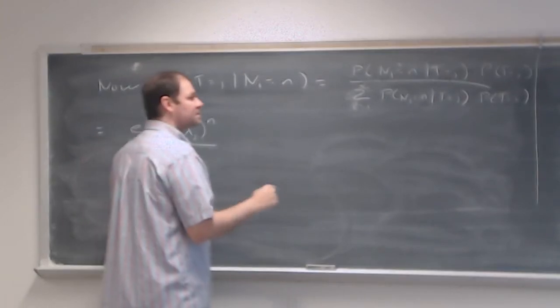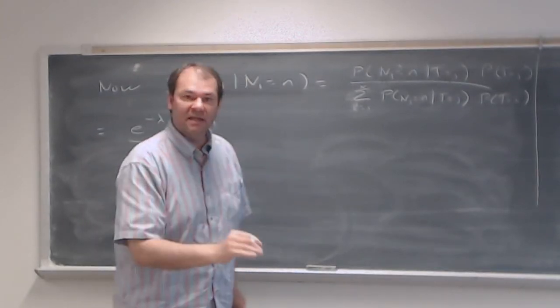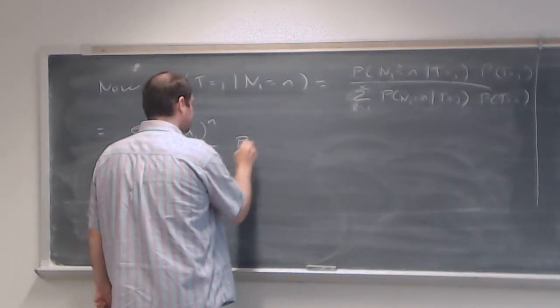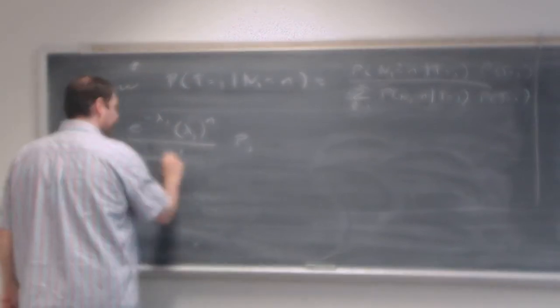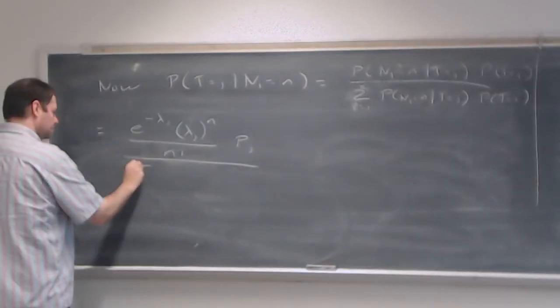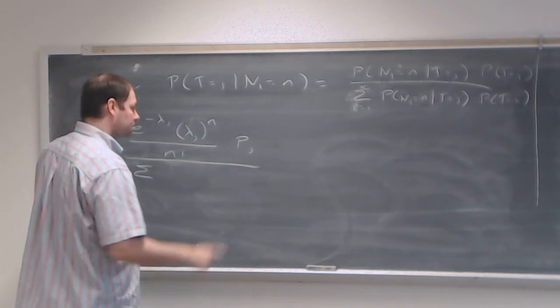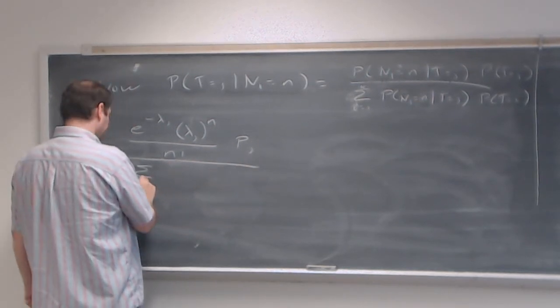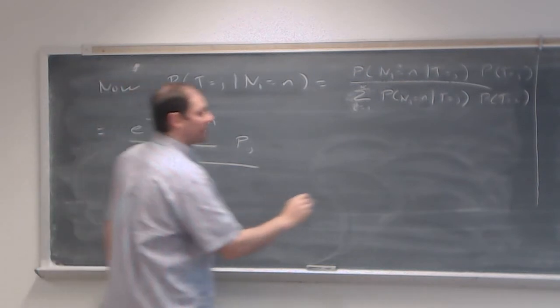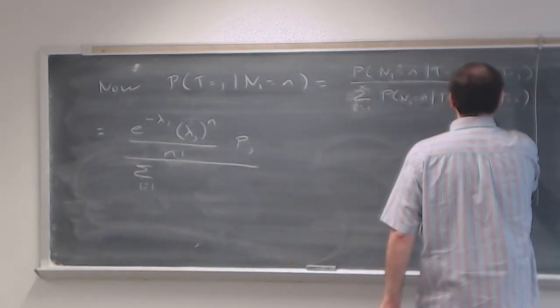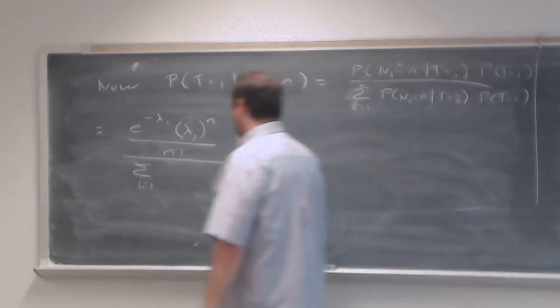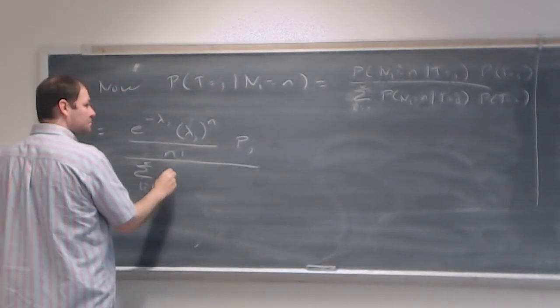Now the probability that T is equal to j, this is p sub j. And this is over this sum. Okay, so make this change. This should be an i. So i runs from 1 to k.